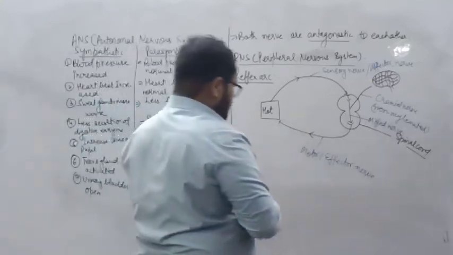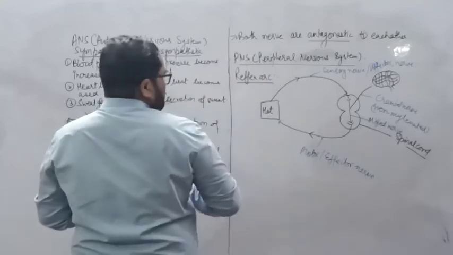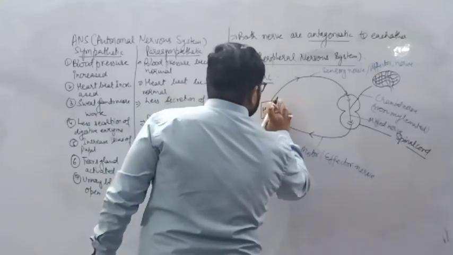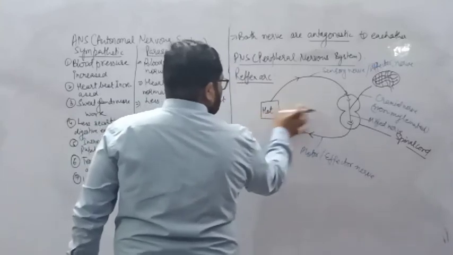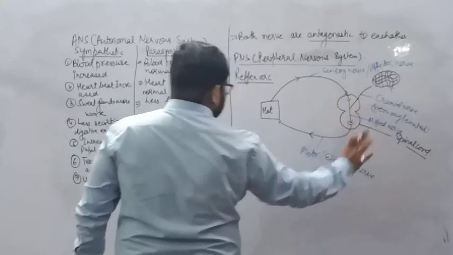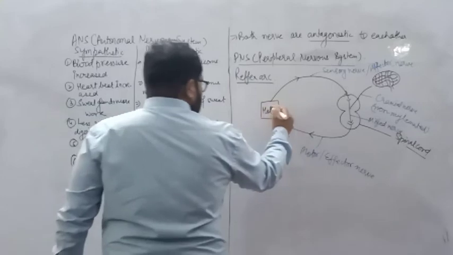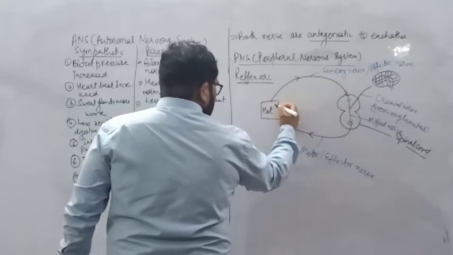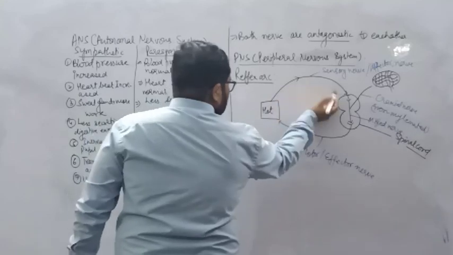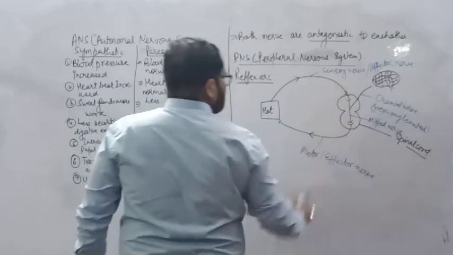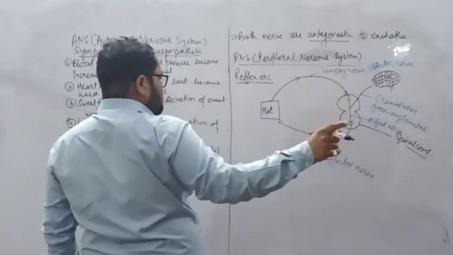You see here, the sensory nerve takes the stimulus from the object to the spinal cord. First point is clear. Sensory nerve takes the information or stimulus from the object to the spinal cord. Clear? You have to write the point.